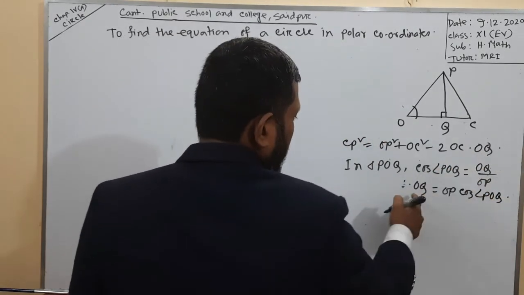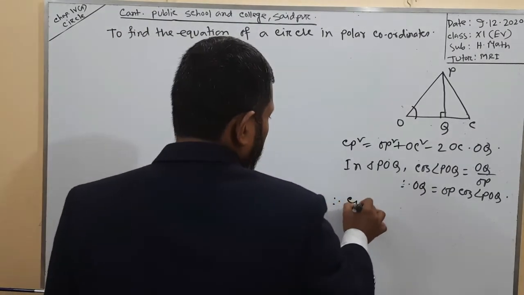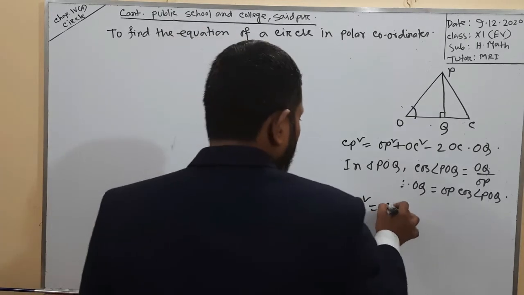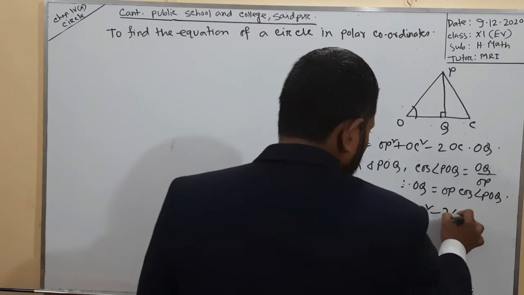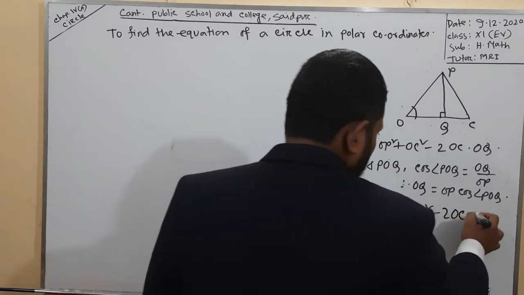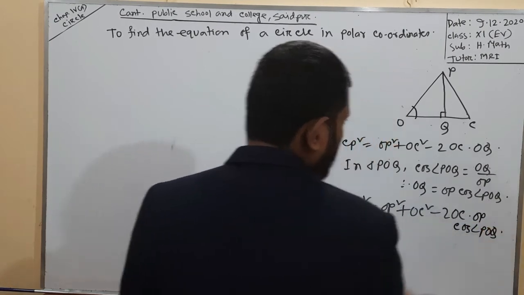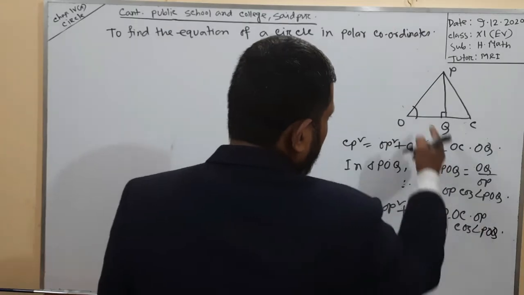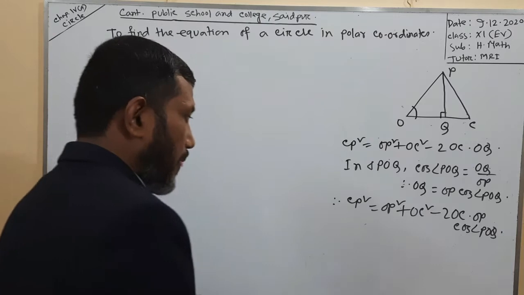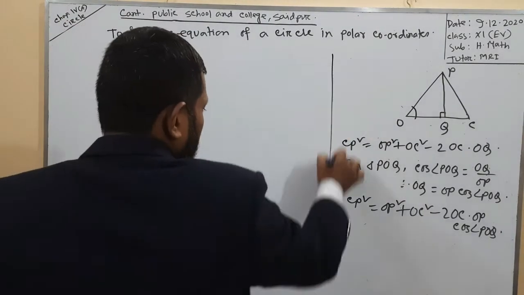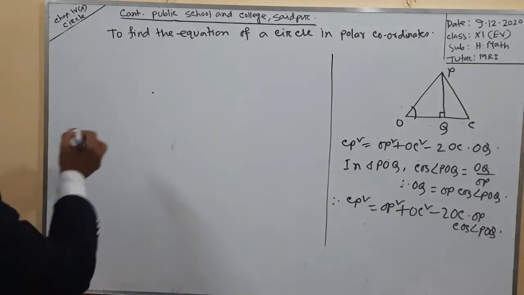Therefore CP square is equal to OP square plus OC square minus 2 OC OP cos POQ. Here POQ we can write as POC.